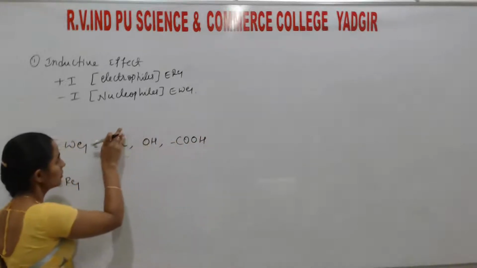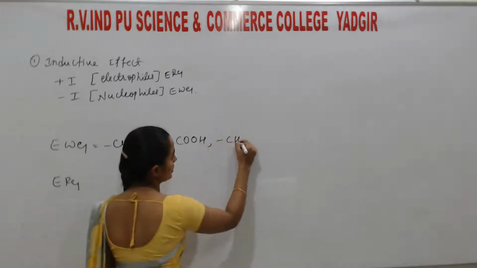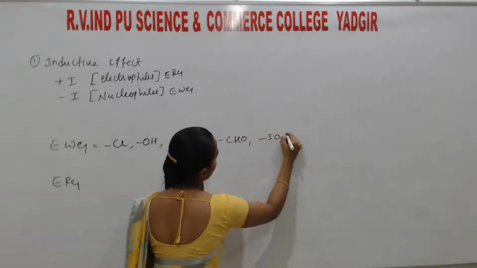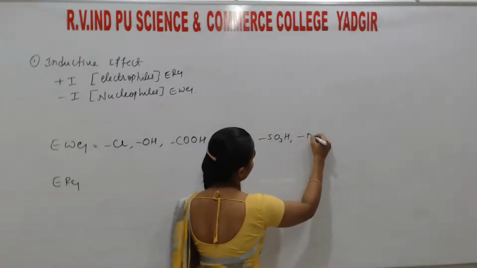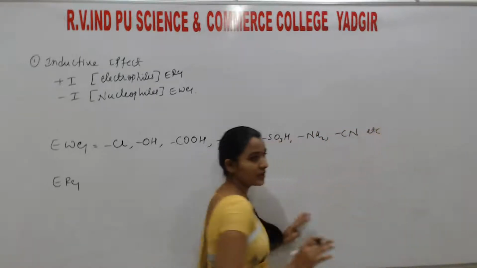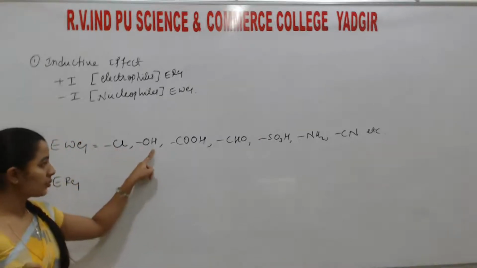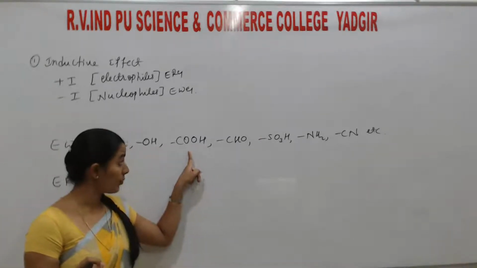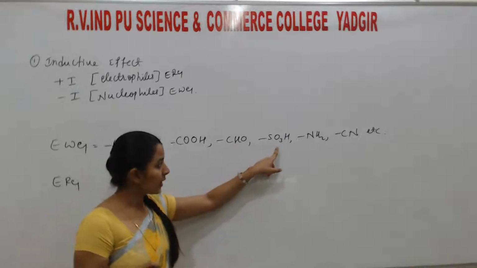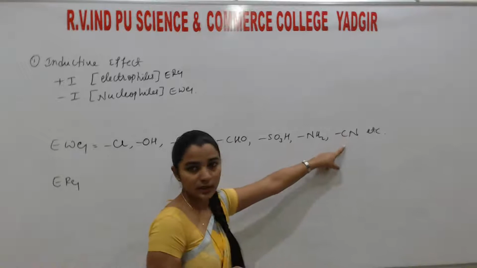Don't take the minus, just take the bond: COOH, CHO, SO3H, NH2, CN, etc. Means almost negatively charged species: Cl minus, OH minus, COO minus, CHO, SO3H, NH2 minus, CN minus, etc.